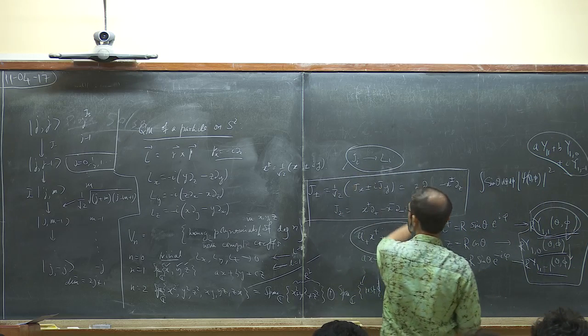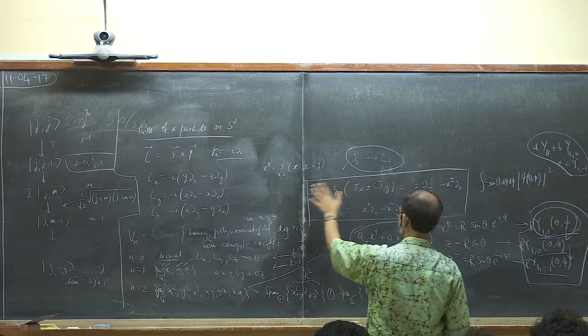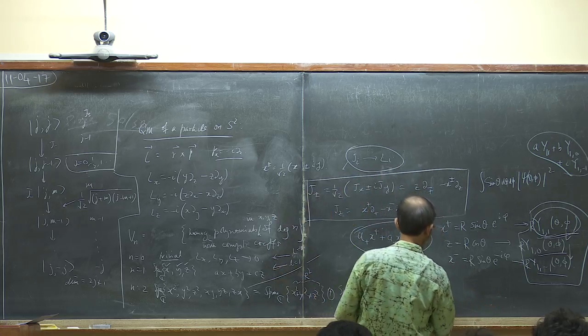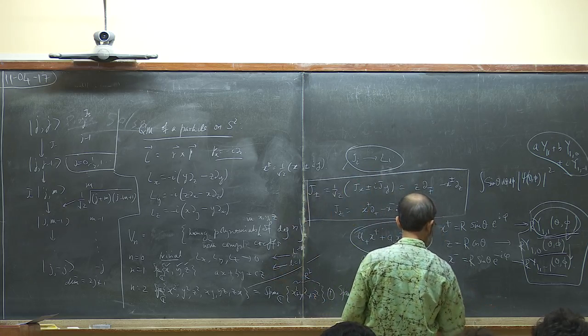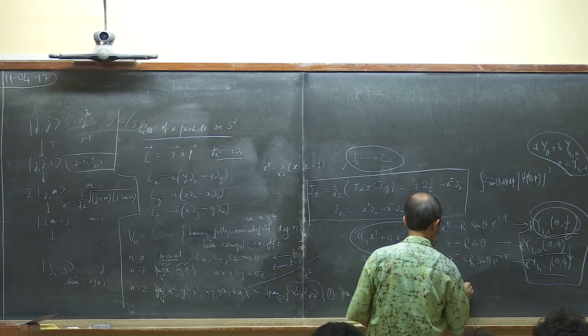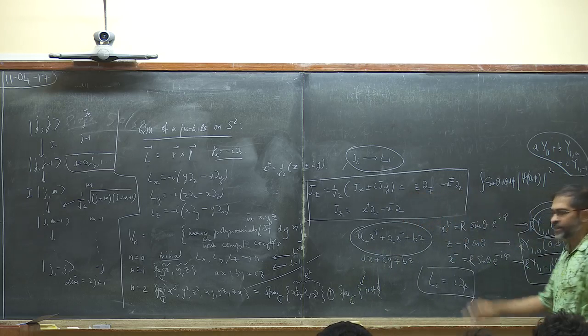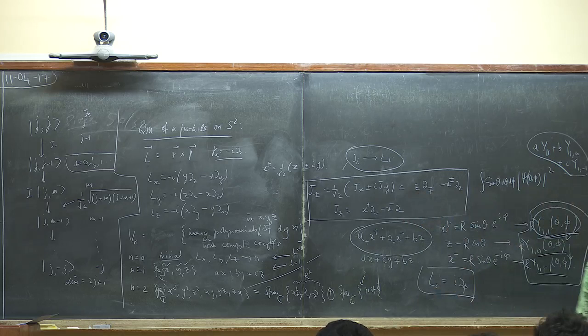In terms of the spherical polar coordinates, you can write all of these in terms of spherical polar coordinates, and in particular, as you know, Lz just becomes i del phi. And you know there are expressions for L plus and L minus which you can write down.